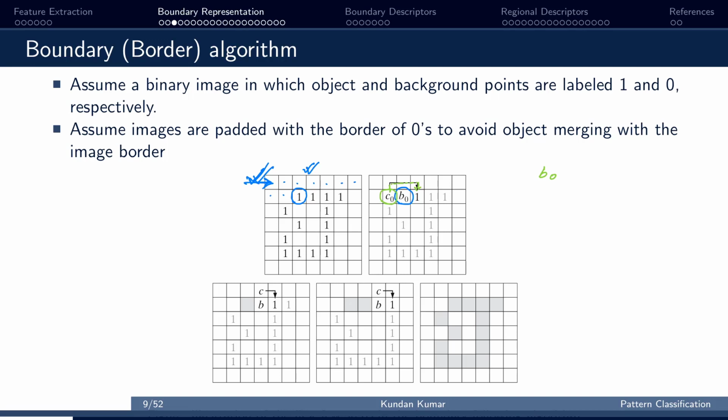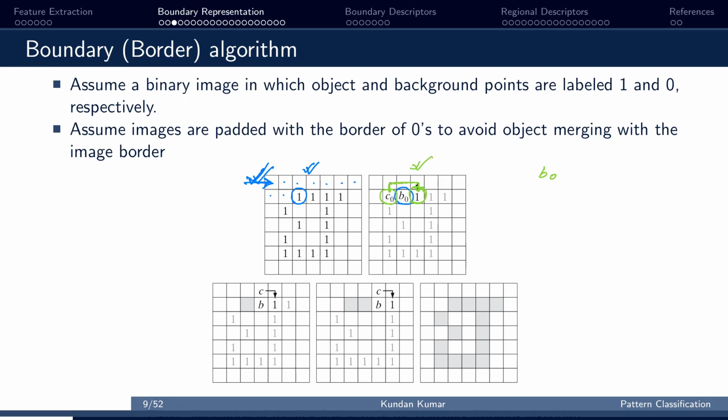In this figure, if we scan the 8 neighbors of B0 clockwise, starting from C0, then we encounter the object pixel where the pixel value is 1.